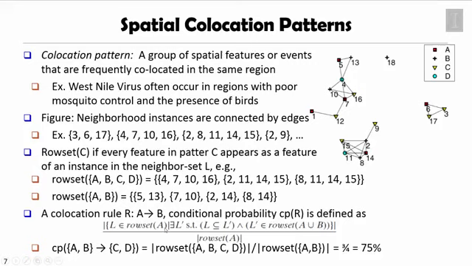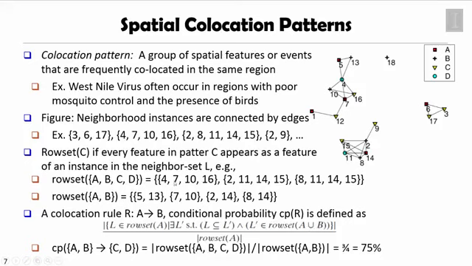Then we need to compute how many cases when A is there and AB is also there. Essentially, what we need to calculate is the ABCD row set.